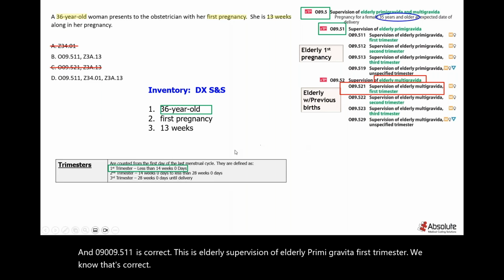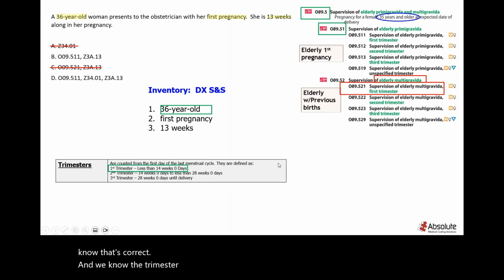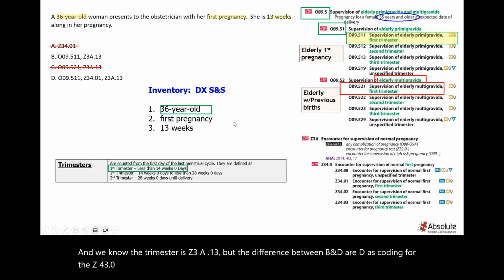And we know the trimester is Z3A.13. But the difference between B and D is that D is coding for this Z43.01. And this is the code for encounter for supervision of normal pregnancy, right?